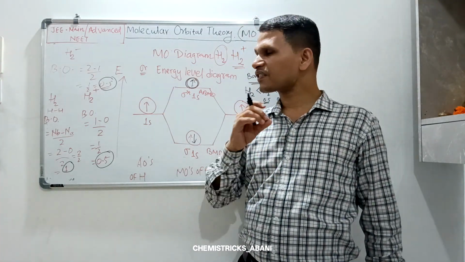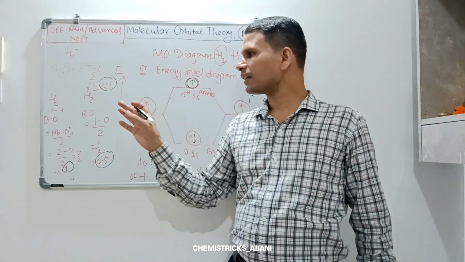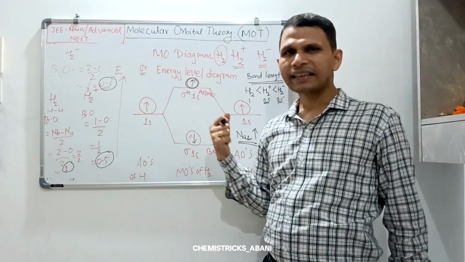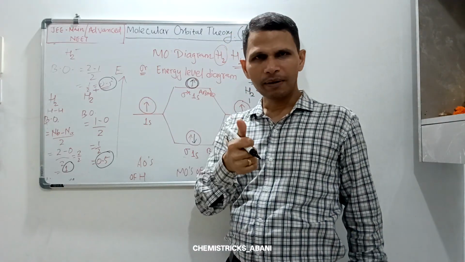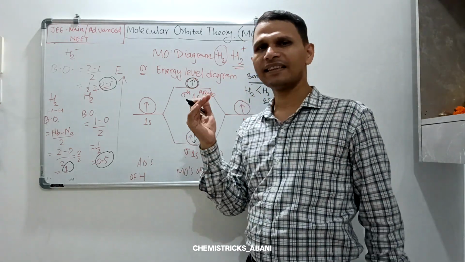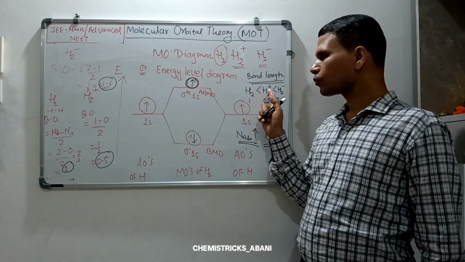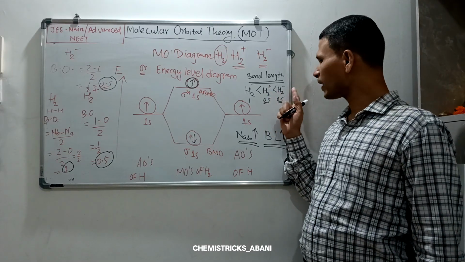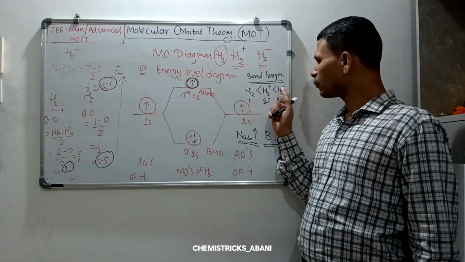Its magnetic moment is zero, so it is not attracted by a magnetic field, whereas paramagnetic H2 plus and H2 minus are slightly attracted by the magnetic field. Their magnetic moment is not zero. The bond order of H2 plus equals that of H2 minus, but the bond length of H2 plus is less than that of H2 minus, and H2 has less bond length than both species.